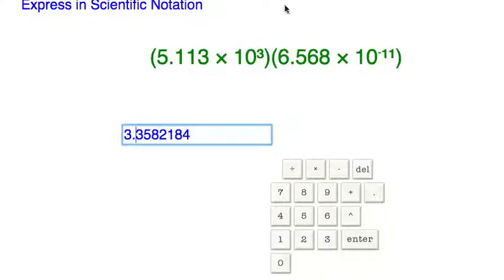I have 10 to the 3 times 10 to the negative 11. Add those together, that gives you 10 to the negative 8. And I'm adding 1 to that, so instead of being 10 to the negative 8, it's going to be 10 to the negative 7. Okay, so times 10 to the power of negative 7.